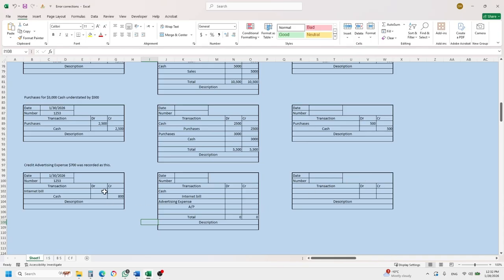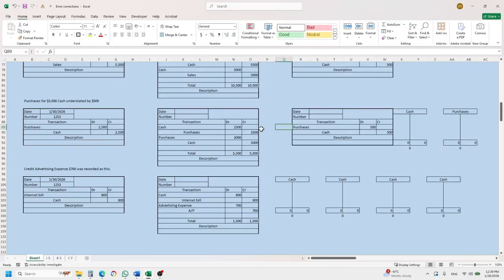So we correct it by reversing this and entering the correct amount, because here we eliminate internet bill and here we eliminate cash. So here 800, here 800, 700, 700, and in this we correct it.